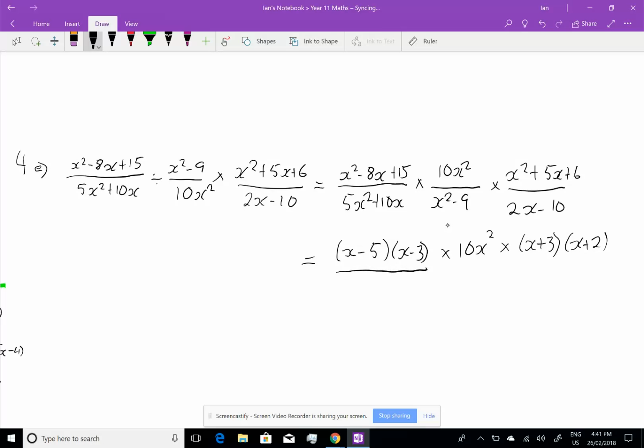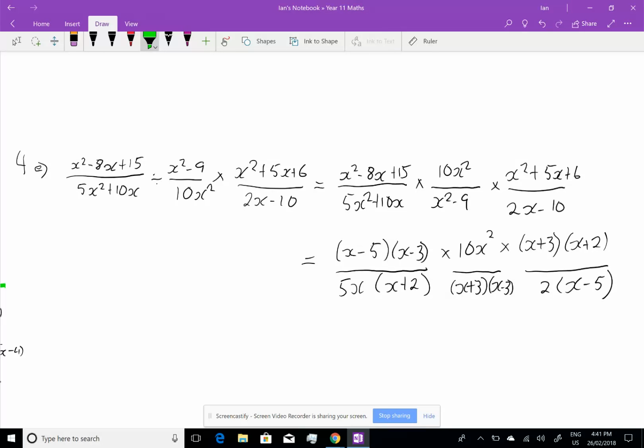Here, I can take 5x out of that and get x plus 2. Here, that's a difference of 2 squares, x plus 3, x minus 3. And here I can take the 2 out and I'll get x minus 5.